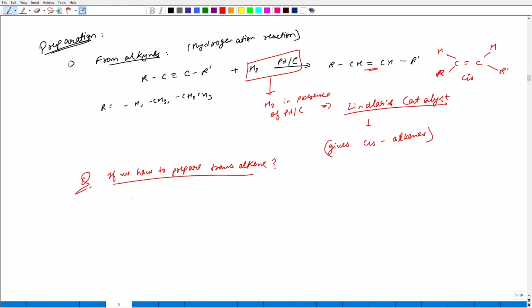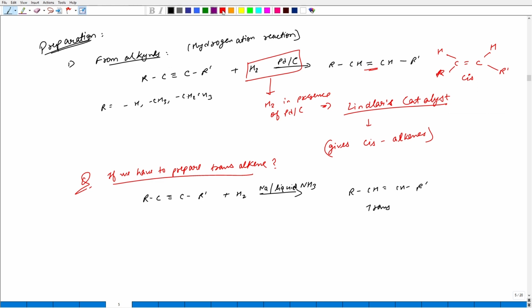So, in that case the catalyst used is different. Again we are using this same alkyne, we know we have to use hydrogen here, but the catalyst will be different. What will the catalyst be? It will be sodium in presence of liquid ammonia, and in this case we will get trans alkenes.